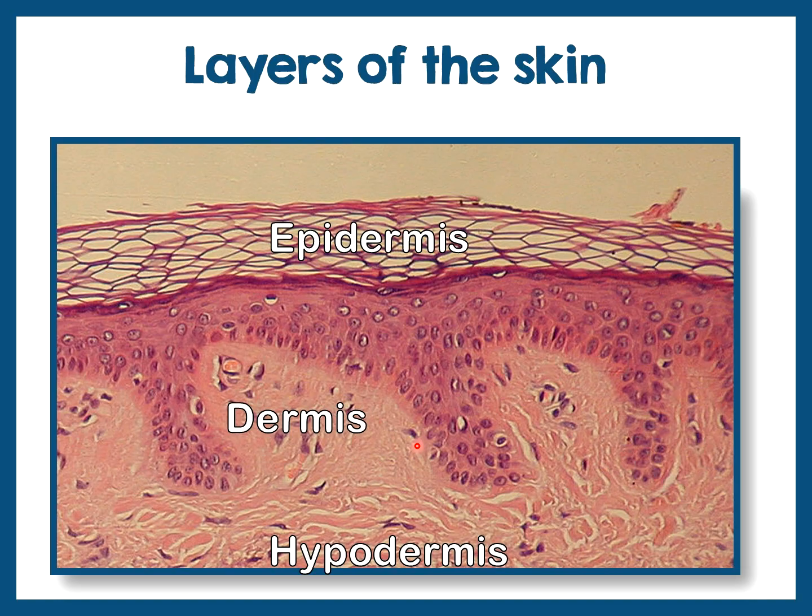And so as the cells move up and get pushed away from this bottom layer called the basal layer, they're going to also start having proteins fill in to the cytoplasm. And so these are a pre-keratin filament that will eventually be a protein called keratin.